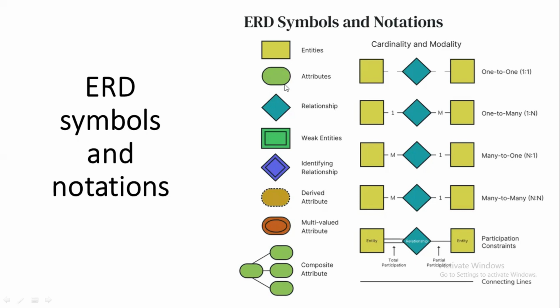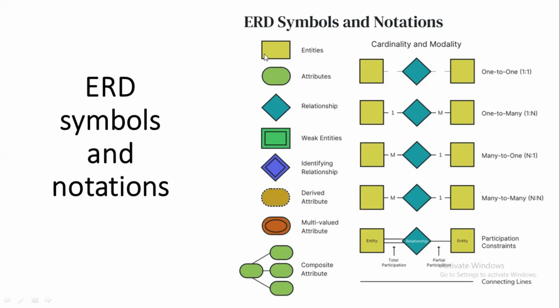When we come to the relationship, it is represented by the diamond shape. A relationship shows how two entities share information in the database.